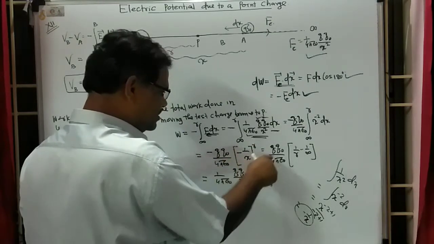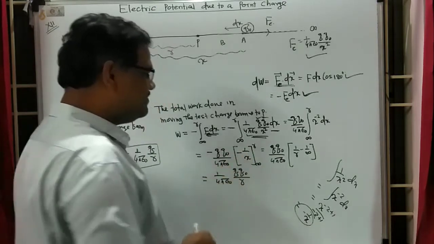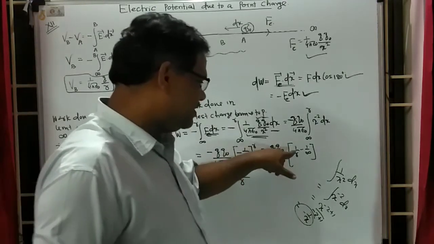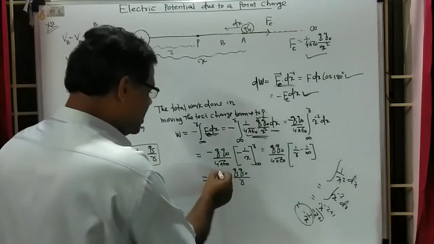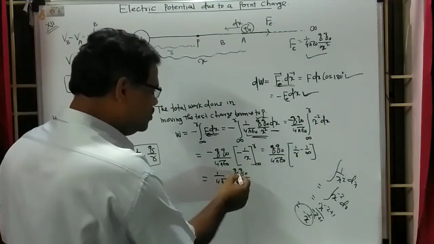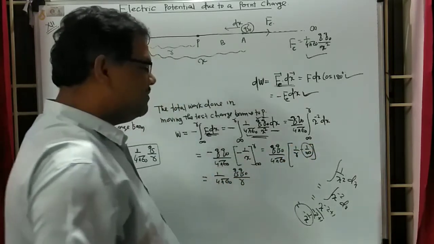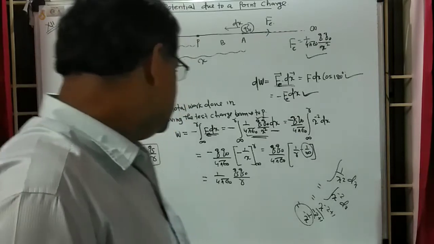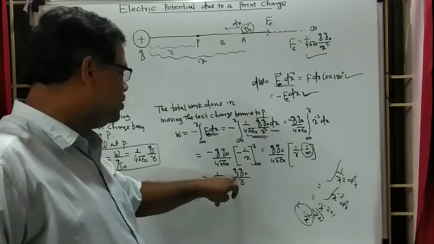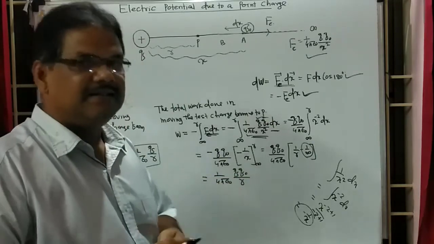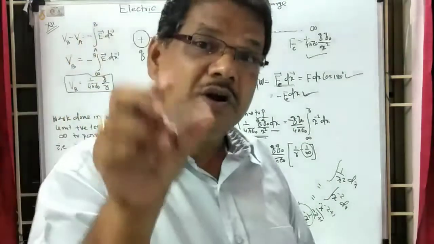So q naught upon 4 pi epsilon naught, and 1 by x is left out. We put 1 upon r minus 1 upon infinity, and this is equal to 1 upon 4 pi epsilon naught q naught upon r, because 1 upon infinity is 0. So we find that W equals 1 upon 4 pi epsilon naught q naught upon r. This amount of work is done in bringing the q naught test charge.